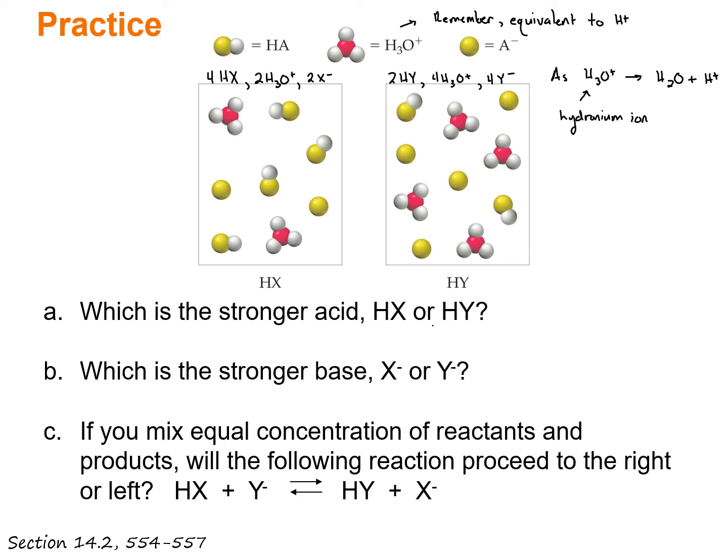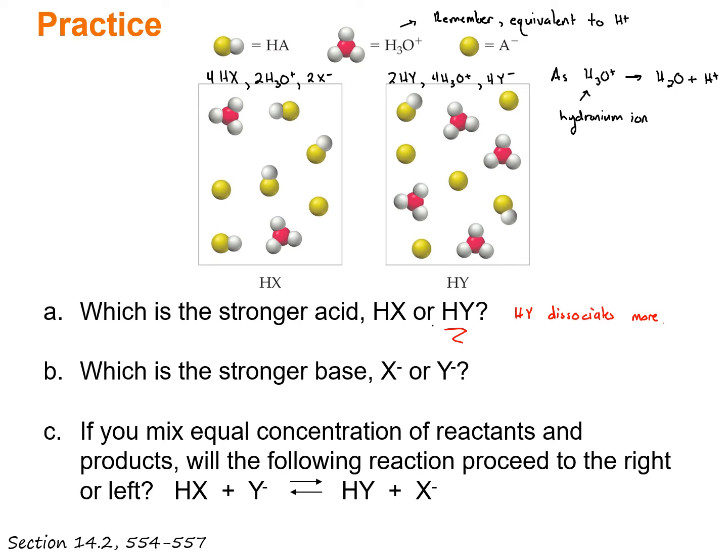Which is the stronger acid, HX or HY, in this particular problem? Well, if we look at this, HY dissociates more than HX. If we get more dissociation for HY, then we expect that it's donating more protons. If it's donating more protons, then we can say that it is the stronger acid. So HY wins out in that case.